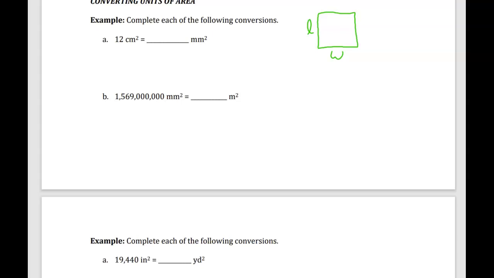If we go back to when we were doing just converting centimeters to millimeters, if you recall on our chart, we started with kilo, and then we had hecta, deca, base, deci, centi, and milli.